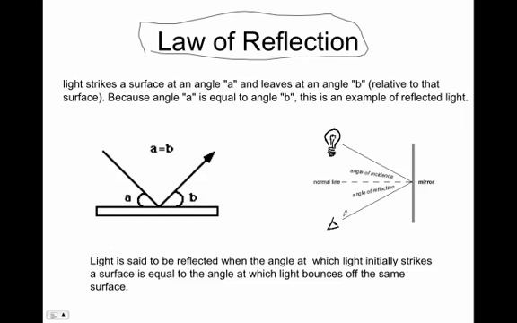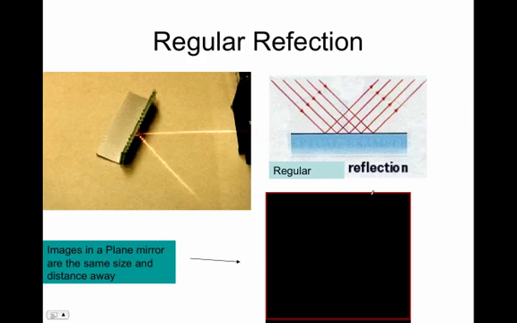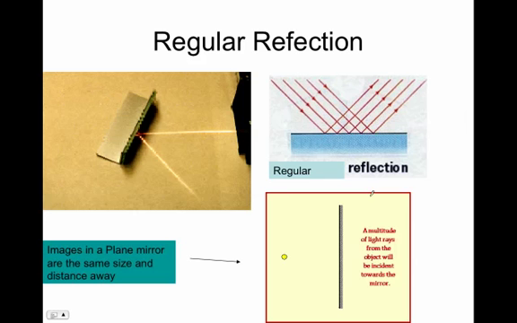It bounces here to our eye. This would be angle A and B. This is not the angle of incidence. This would be the angle of incidence. And here's our normal line. So A and B would be equal, and C and D in the diagram would be equal according to the law of reflection.